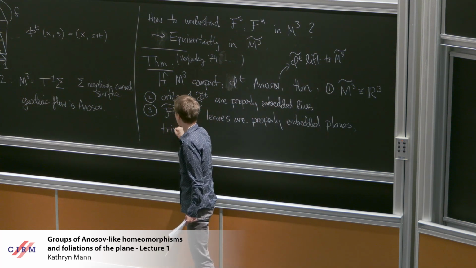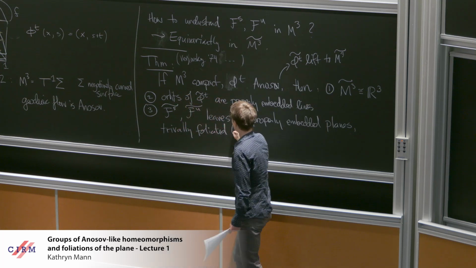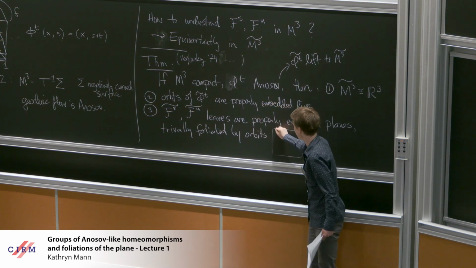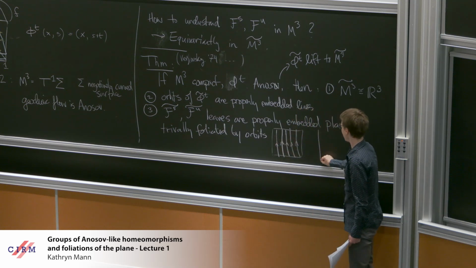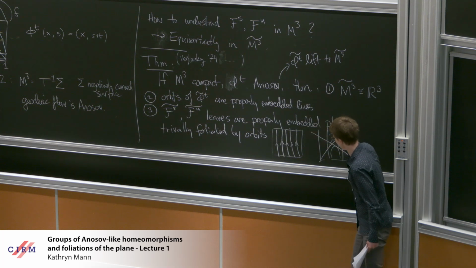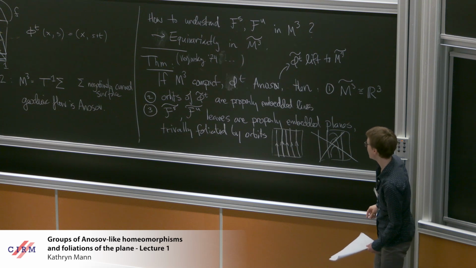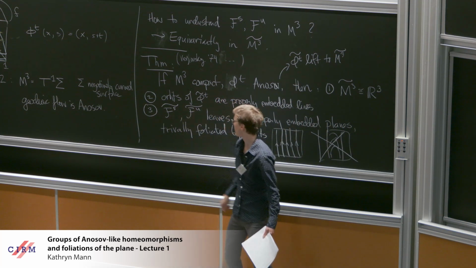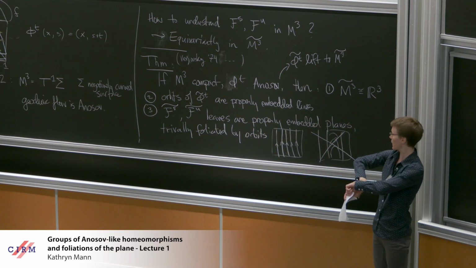These are trivially foliated by orbits, meaning that topologically I have a plane with just a standard foliation like this. I don't have any Reeb components. Okay. And finally, two such leaves, one of the stable and one of the unstable foliation, intersect along one single orbit and not more.